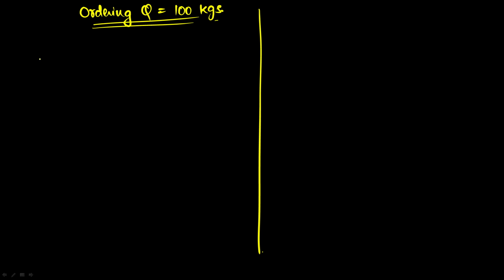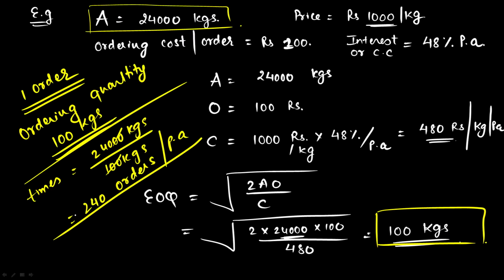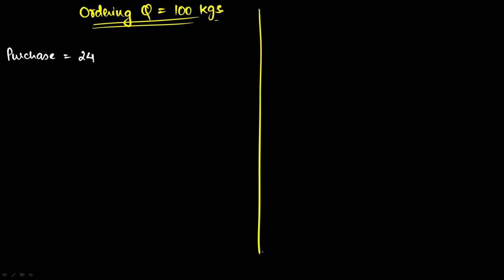What will be the purchase cost at this? What will be the purchase cost if I order 100 kgs at a time? Still I will have to purchase 24,000 kgs per annum. Whatever you purchase every time, the total is coming to 24,000 kgs multiplied by how many rupees?